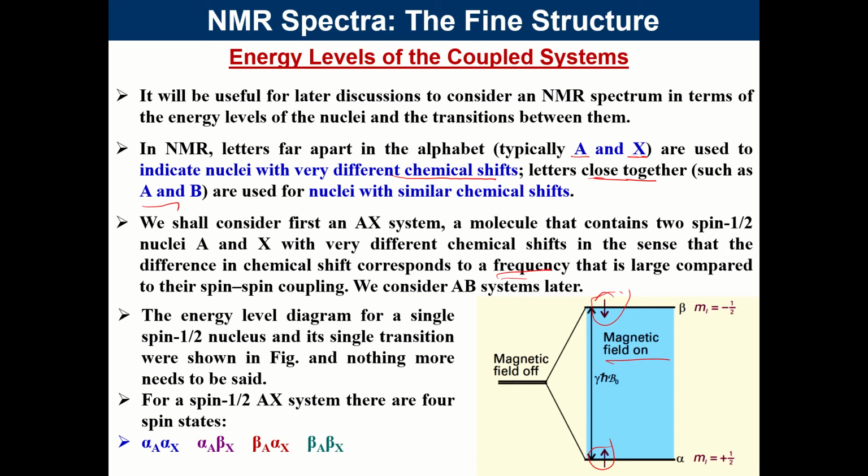So you can have alpha alpha, that is plus half, alpha A, beta X. So the X nucleus is having minus half spin, whereas A is having plus half, and so on. So alpha and beta: alpha means you are talking about ms value being plus half.